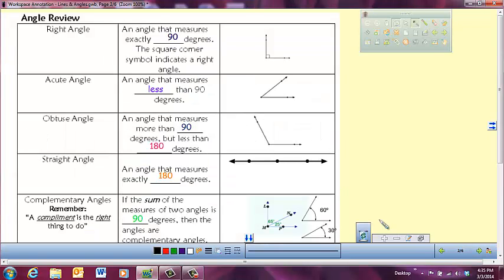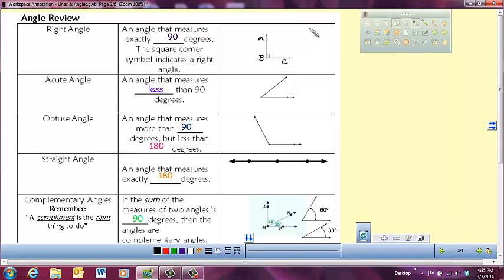Moving down into the angle review, I'm going to need you guys to fill in some notes on here. A right angle is an angle that measures exactly 90 degrees. The square corner symbol indicates a right angle. So in the picture, I'm going to have you name this angle. So we're going to name these points. Please write in A. Let's put B at the vertex and C here.